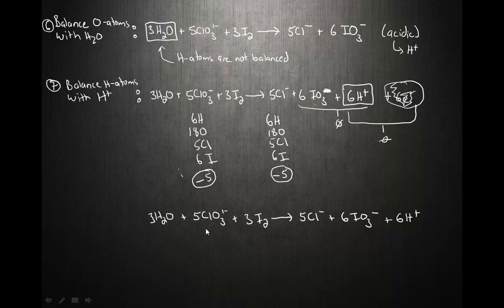And we've only rewritten the equation once. So by doing it that way, you minimize the chance of missing a negative sign and then panicking at the end when things don't work out for you. And that is how we balance a redox reaction in an acidic solution.